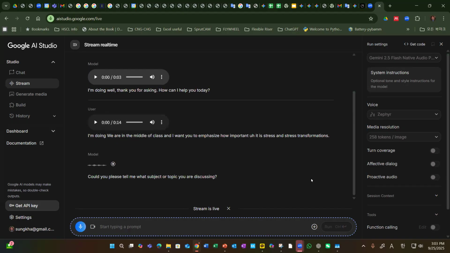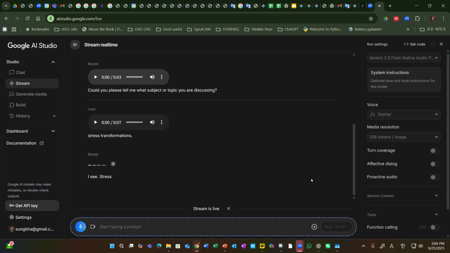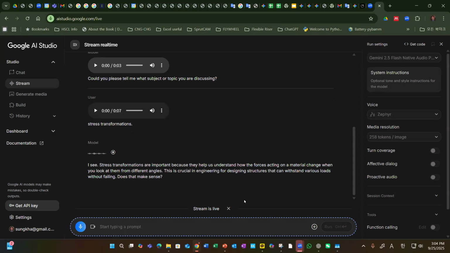Can you please tell me what subject or topic you Uh, are Stress transformations. understand forces acting on the material change when you look at them from different angles. This is crucial for designing structures that can withstand various loads without failing. Does that make sense?